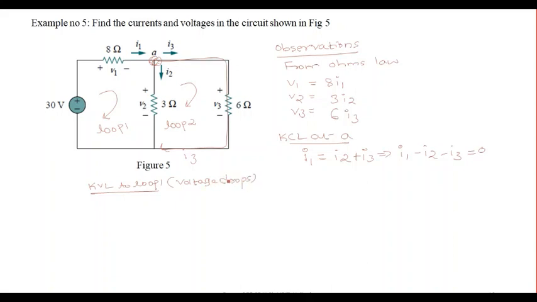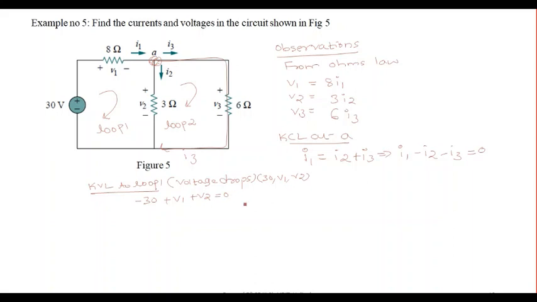In loop 1, we have three voltage drops: first is 30 volts, second is V1 and third is V2. Going clockwise, the polarity is minus, plus, plus. That gives minus 30 plus V1 plus V2 equal to 0.